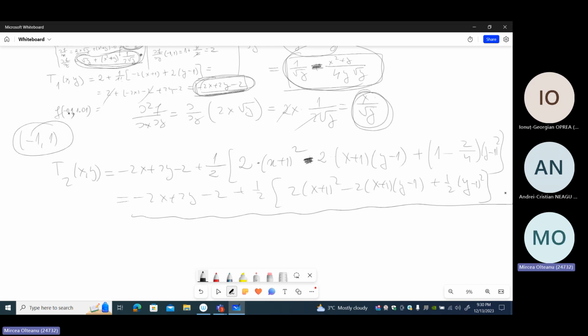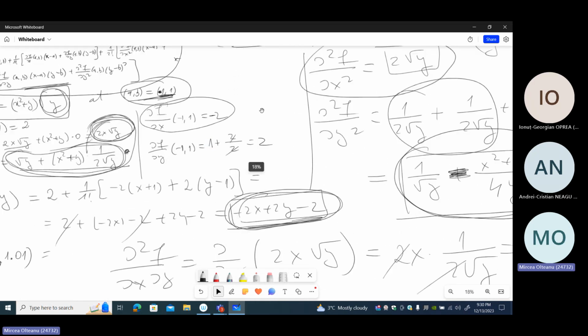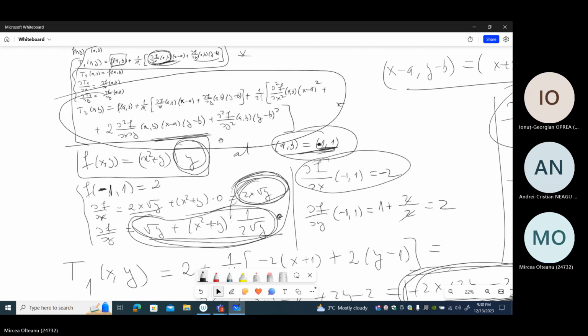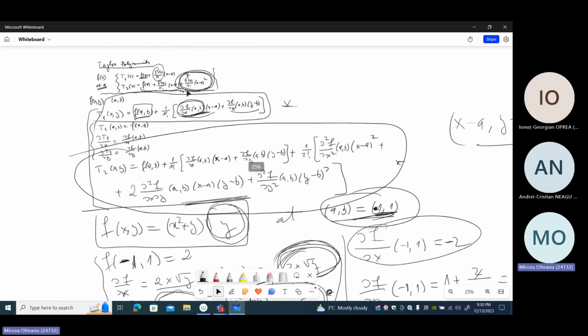Okay, so at the lecture we shall have some explanations about how these formulas are inspired, but also the inspiration from functions of one single variable is rather good.